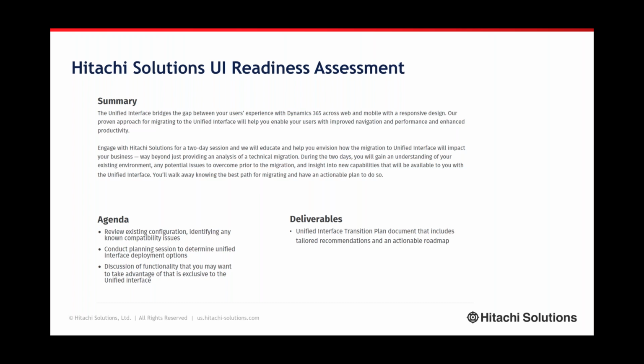If you want to get into more of how we plan for Dynamics Marketing, or how we plan for AI for Sales, this is going to be the first step, and something you have to do within a certain amount of time. The deliverable is a much more detailed plan, taking what we learn as part of that two-day effort and putting together a detailed transition plan that includes the recommendation and an actionable roadmap.